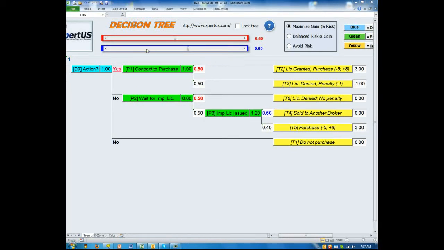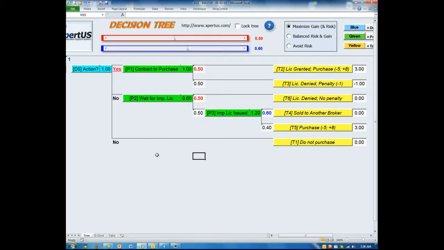The red and blue scroll bars can be used to modify these numbers and look at the impact. Under this scenario, the recommendation is to contract to purchase. However, as I change that probability to 40%, the decision is reversed. Now it is better to wait for the import license.